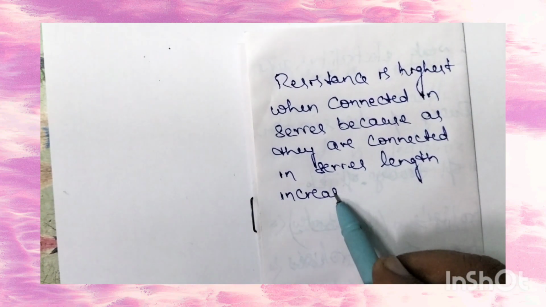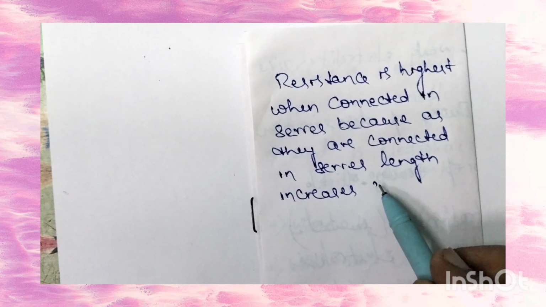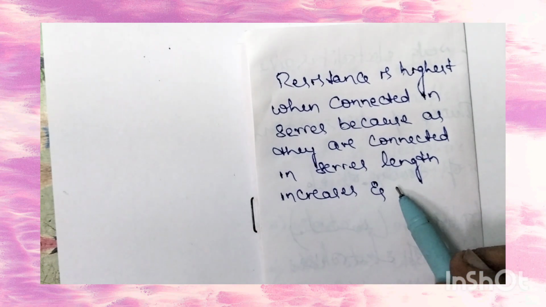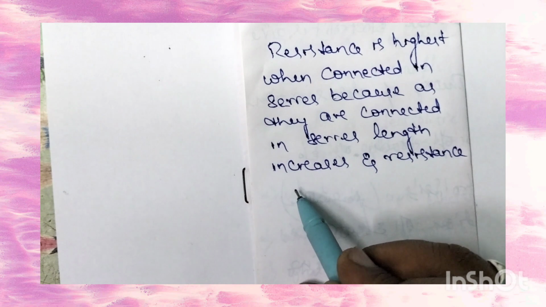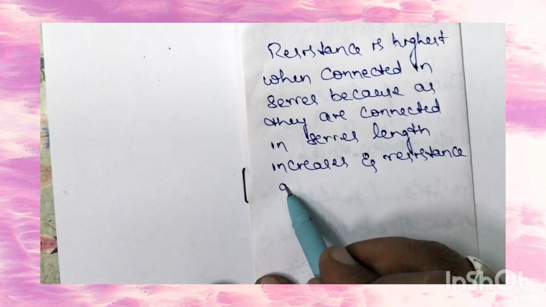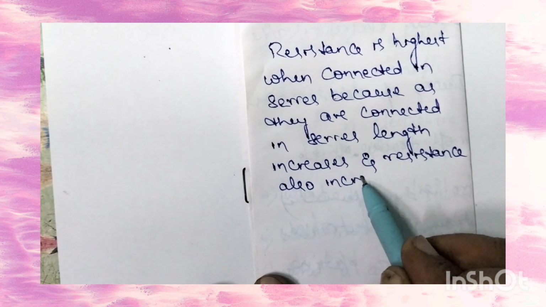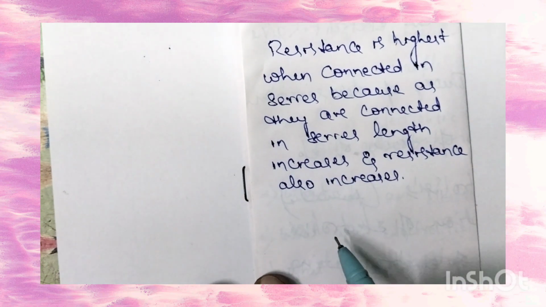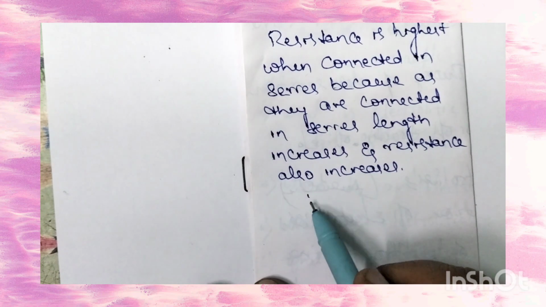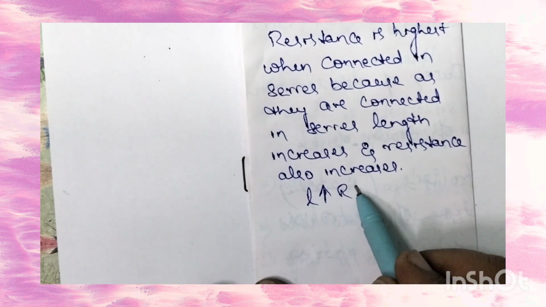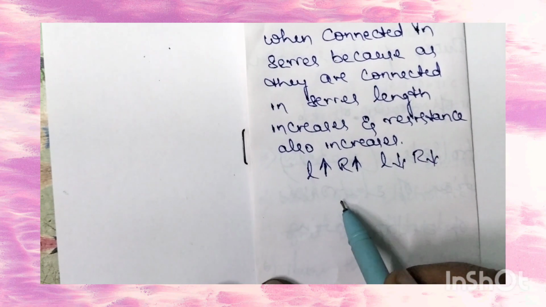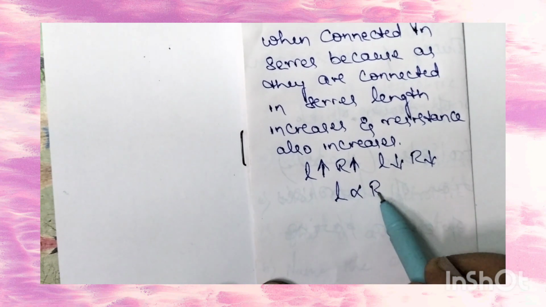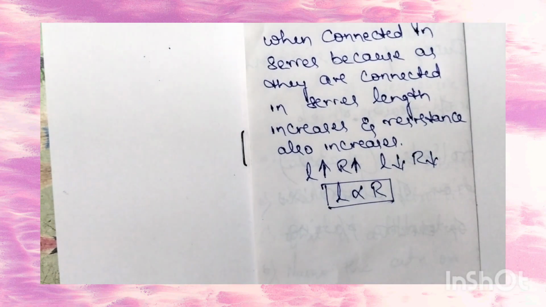As the length increases, resistance also increases. As length decreases, resistance also decreases. That is, length is directly proportional to resistance. This is the main concept for when they are connected in series.